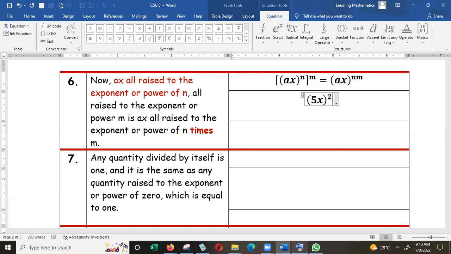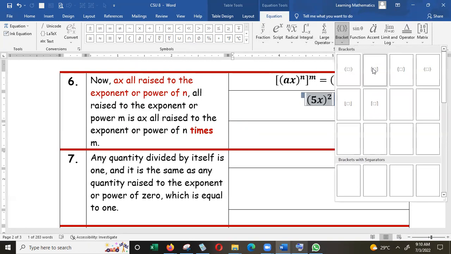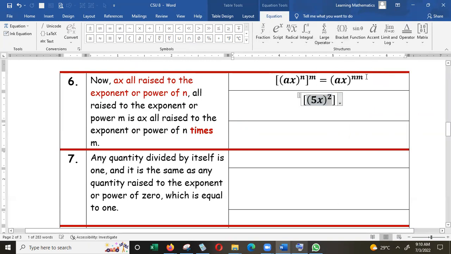Five x all raised to the power of 2. And then this in turn, the 5x to the power of 2, or the exponent of 2, is raised again to the power of 3, for example.